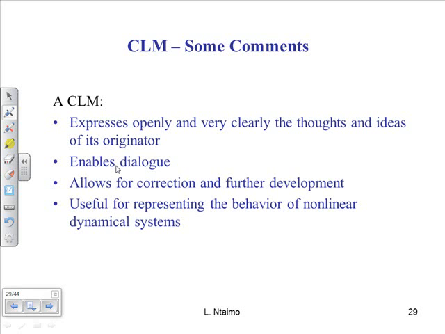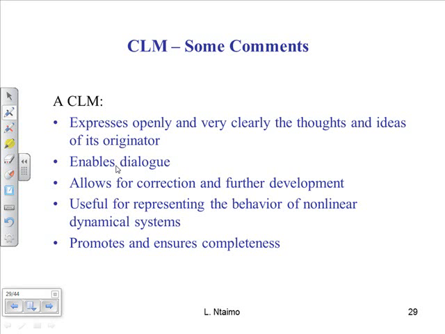And causal loop modeling allows us to capture or gather information about an issue, especially with complex systems. Okay? So you're going to use this causal loop modeling later on in your project, early on, to try to understand whatever complex system you'll be looking at.